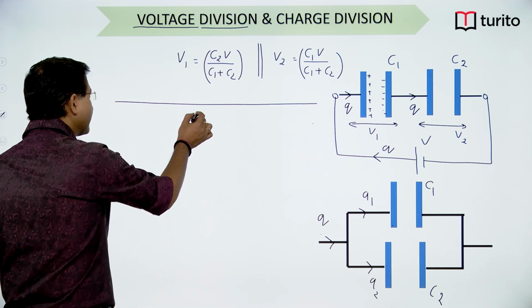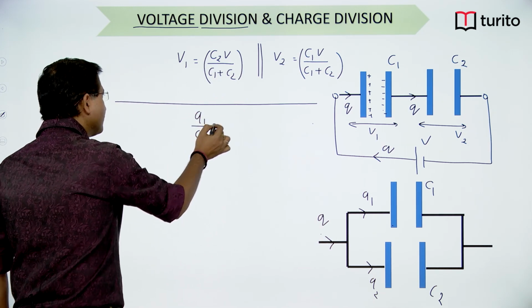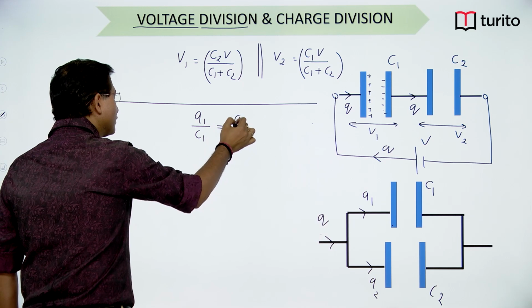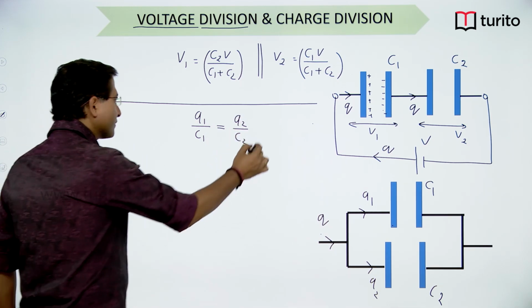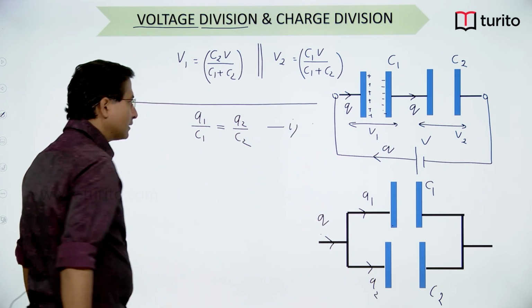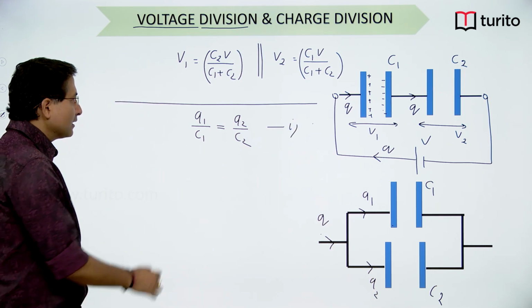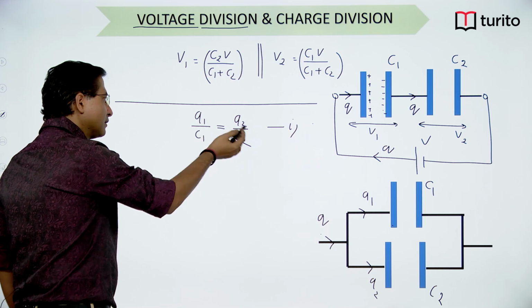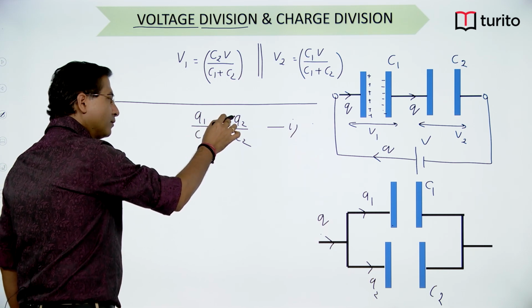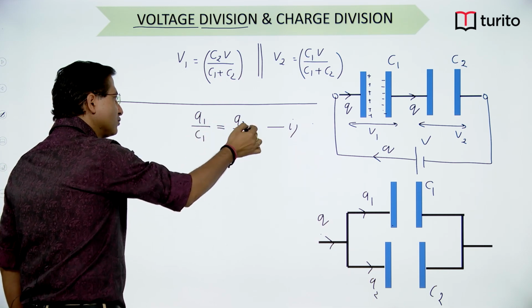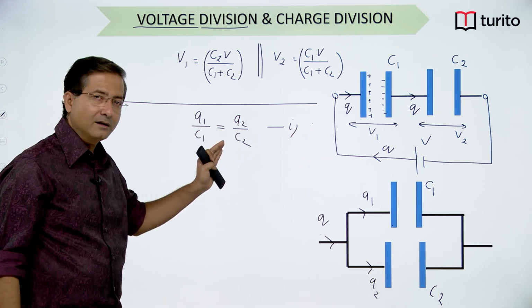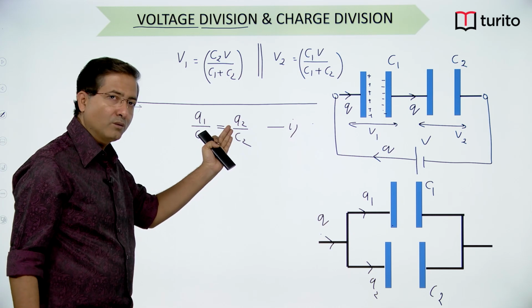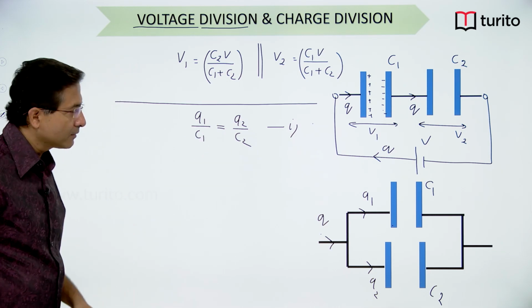So one equation I can write, Q1 divided by C1 must be equal to Q2 divided by C2, this first equation. Instead of writing Q1 by C1 on this side, if you take the term minus Q2 by C2 is equal to 0, that is nothing but Kirchhoff's law. So instead of writing that, I am writing this Q2 by C2 on this side, right.